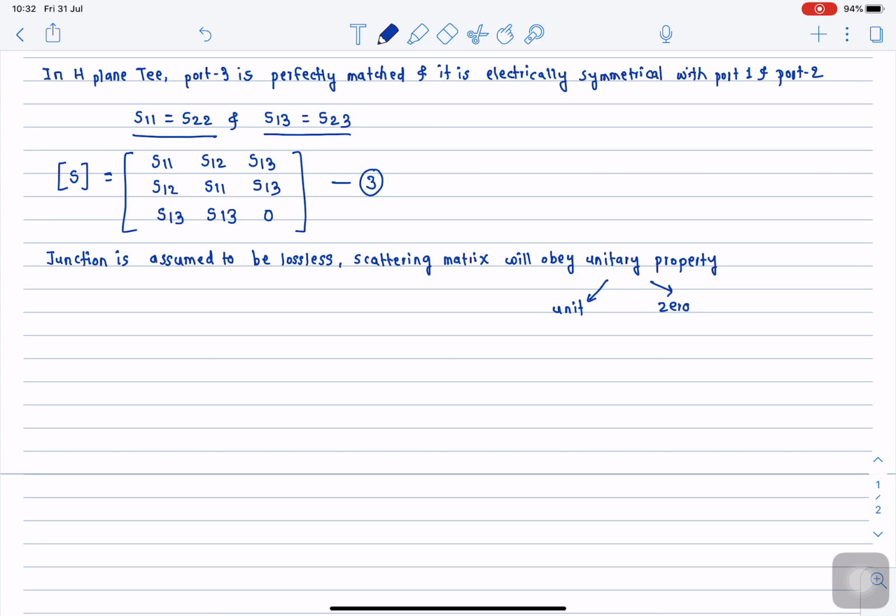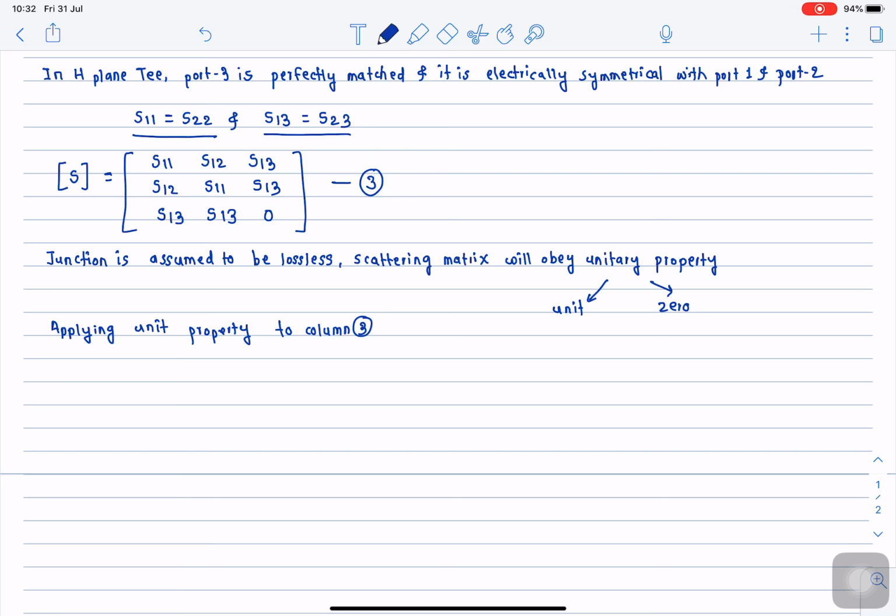In equation number 3. So first of all, I will write: applying unit property to column number 3 of equation 3.